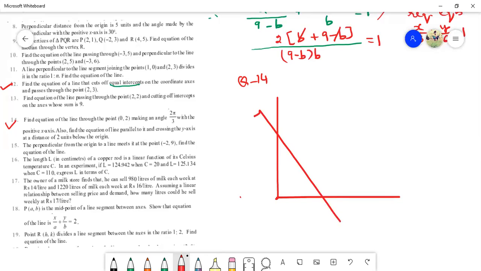And we have another line. Find the equation of the line making this positive direction. Find the equation of a line parallel to it and crossing the y-axis at 2 units. That means we have to take this line parallel to somewhere.